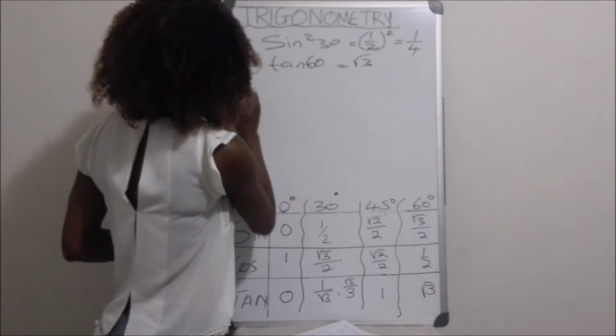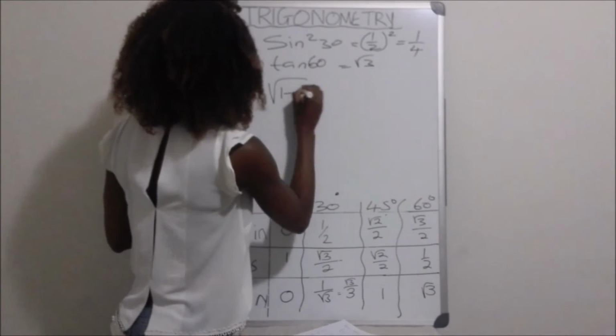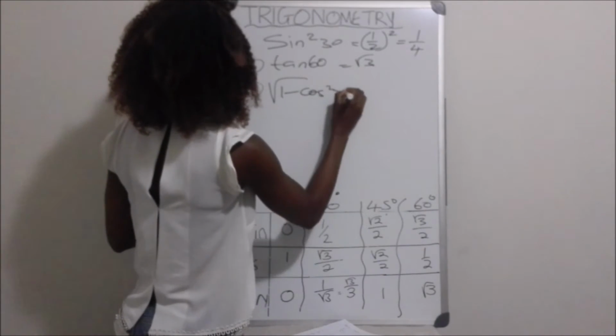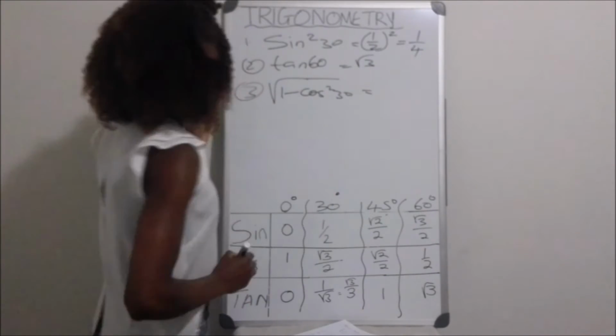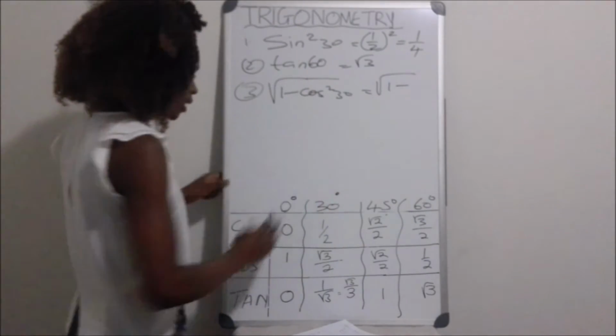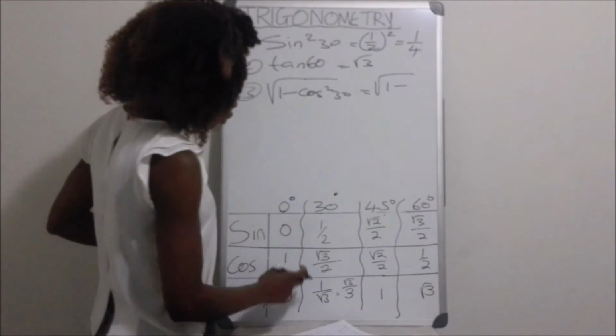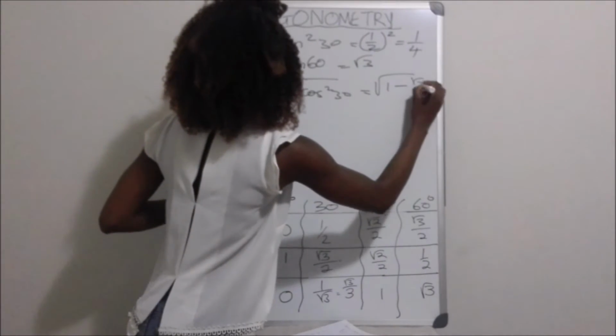Then the third one that we have to answer without the use of a calculator is the square root of 1 minus cos squared 30. From here, cos 30 is equal to root 3 over 2.